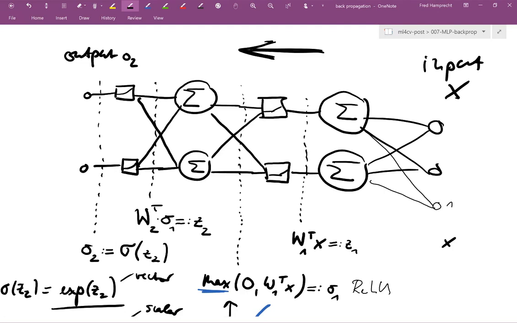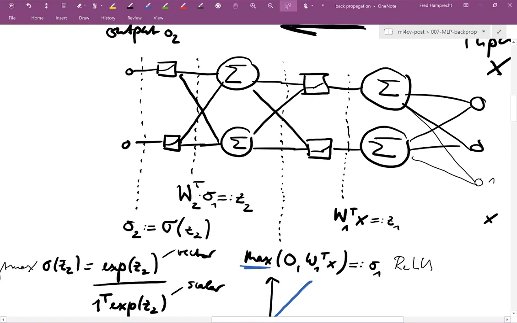And this intermediate result is then passed through another linear transformation and gives me a new intermediate representation Z2, which is then passed through another nonlinearity, in this case, so-called softmax, and then that gives me my final estimate of my neural network encoded in the vector O2, 2 for output of this second layer.